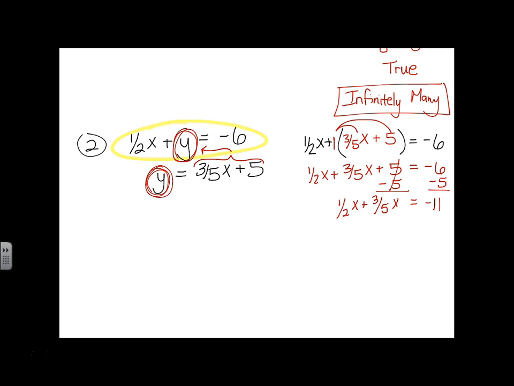Isn't that gonna be like 11 over x? Hold on. Well, to be honest, I don't think it's that complicated. Yeah, that's gonna be 11 over 10x, right?